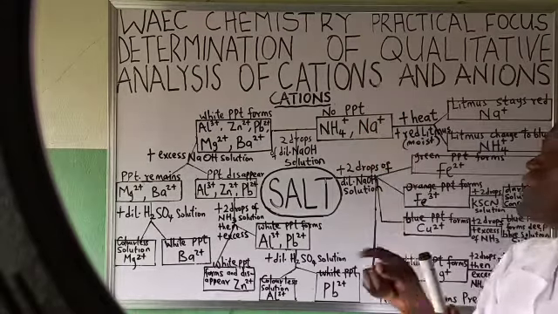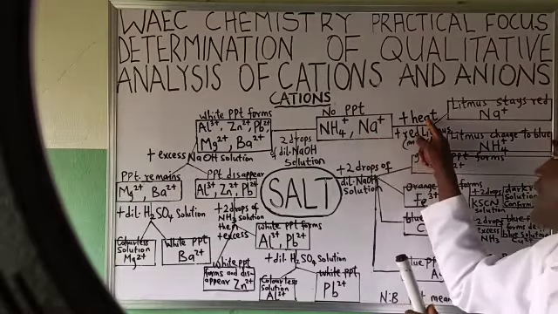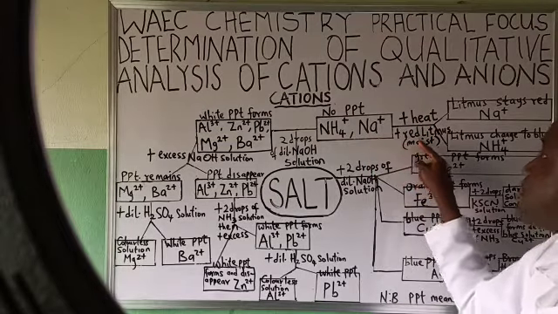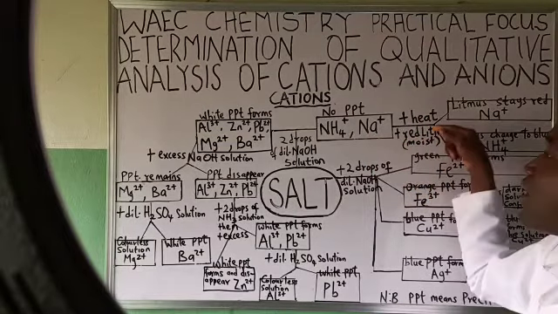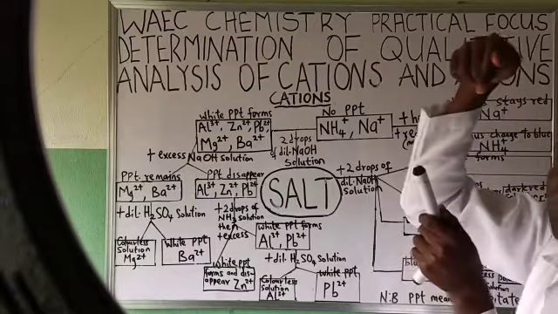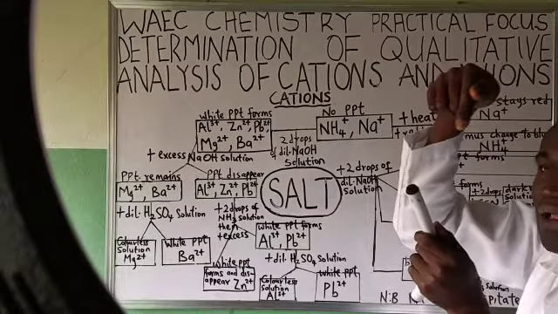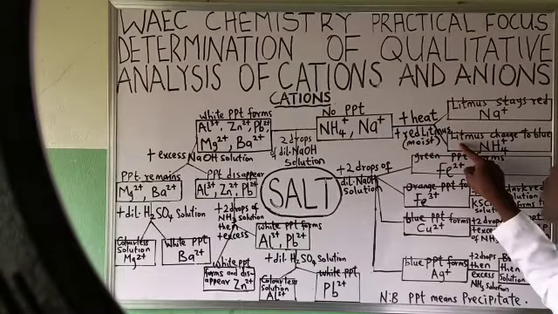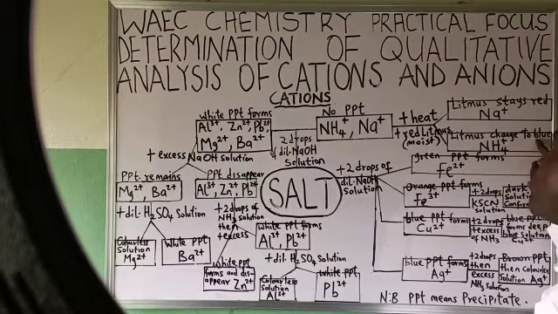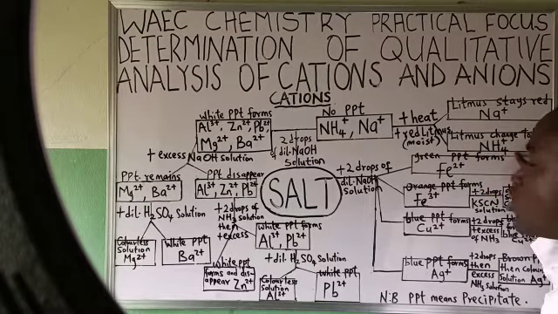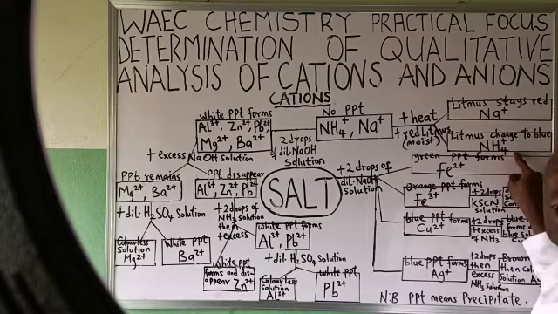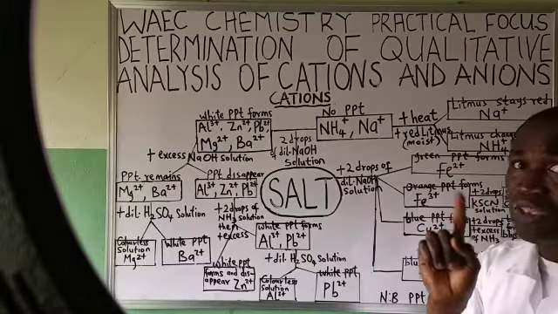Wow. I heat it again, I moisten my red litmus paper. As I'm heating it, I put my moist litmus paper and it's changing the moist red litmus paper to blue.